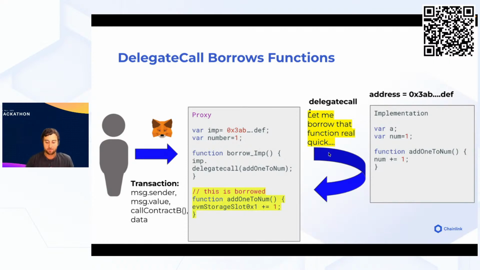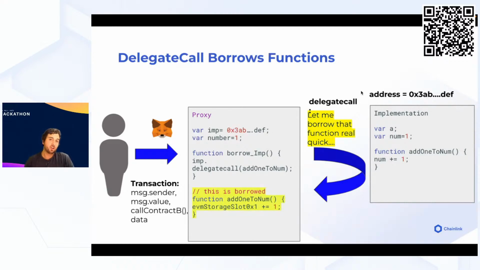But instead of running add one to number in the implementation contract and incrementing this variable number here by one, it's going to borrow that function. It's going to run it in its own context. So it's going to run add one to number, and that's going to increment number one in the proxy.